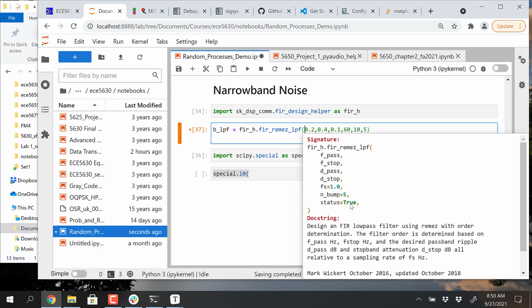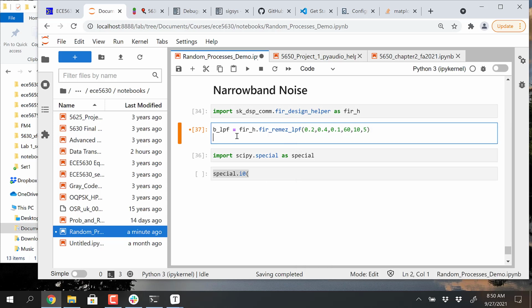This function's status is set to true, but I have to go into the package so I can have it report the status. The status I had created for this function when I originally did it was the order of the filter, but I can cheat and just do this.